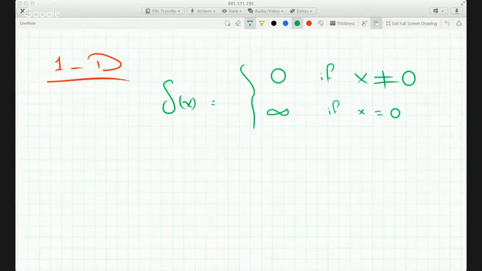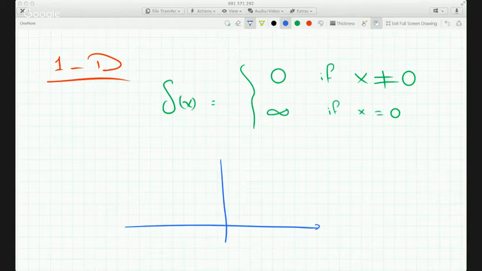So in other words, only at x equals 0 it would blow up, so it would go all the way to infinity here. Then as soon as x does not equal 0, it would just go flat on the x-axis.